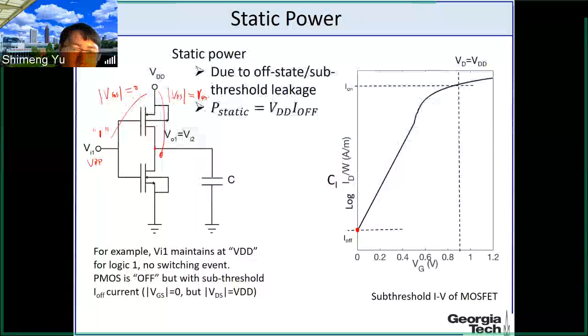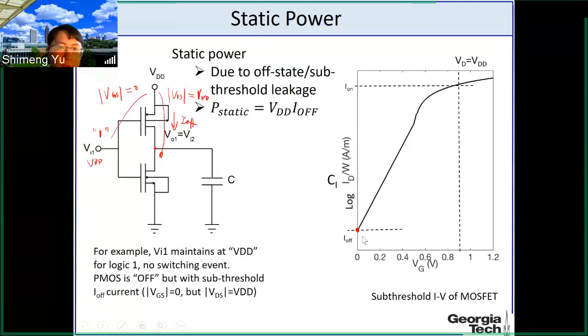So this is the off current condition for the PMOS. The PMOS will consume this off current coming from the power supply VDD. So the static power will be VDD multiplied by this off current. This is the reason for the standby leakage power in the digital circuit.